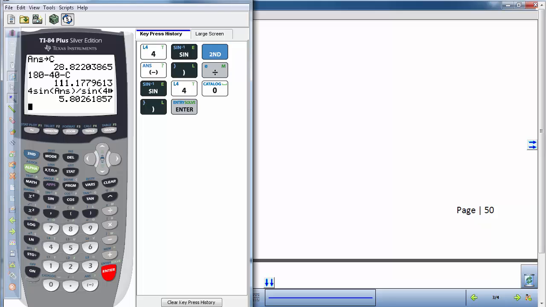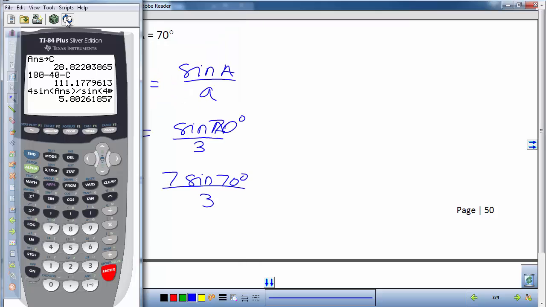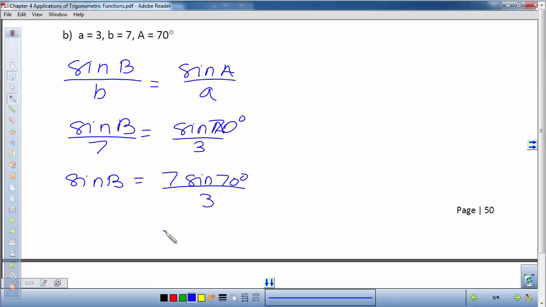So we get sine inverse. We're not there yet. I don't need to do sine inverse yet, that'll be my very next step.